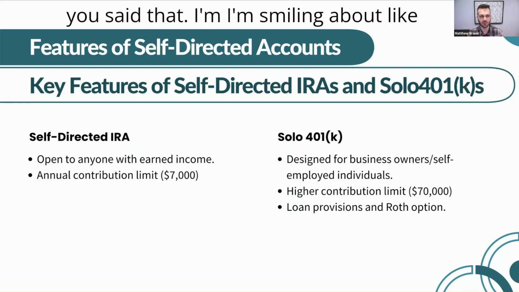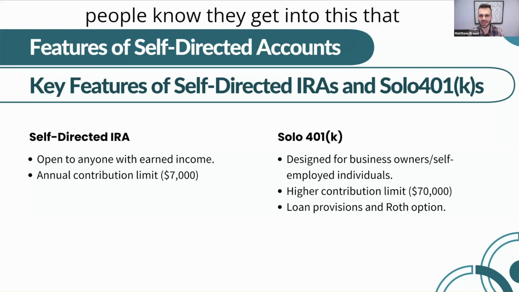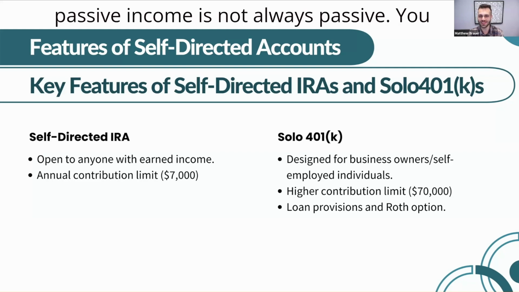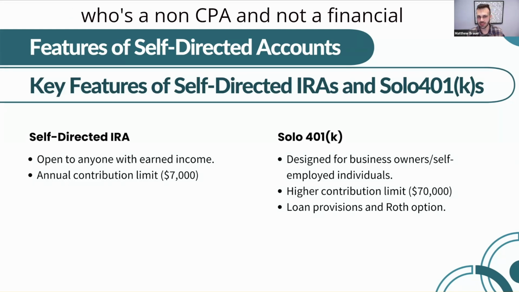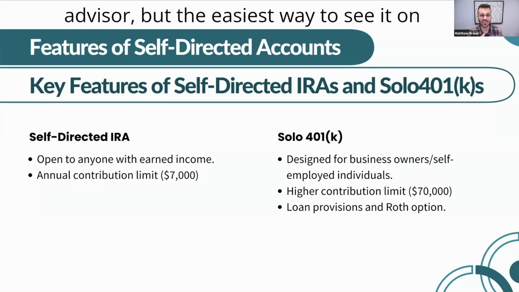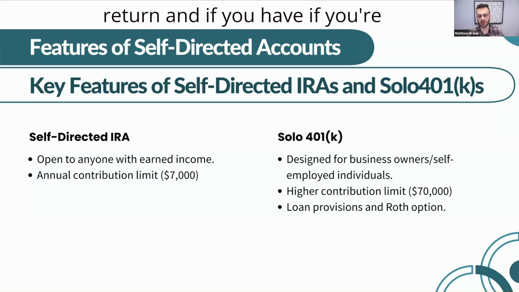Great question. It's funny you say that. I'm smiling about passive versus active, because I think people know when they get into this that passive income is not always passive. It can feel like a lot of work. But to me, and this is coming from somebody who's a non-CPA, I'm not a financial advisor, the easiest way to see it on paper is to look at last year's tax return.